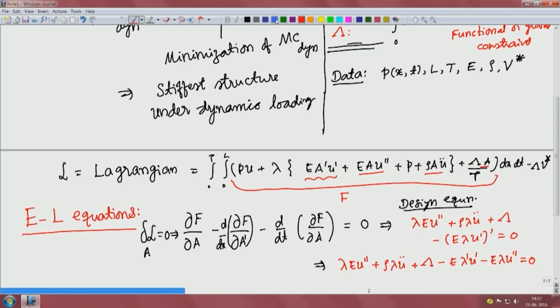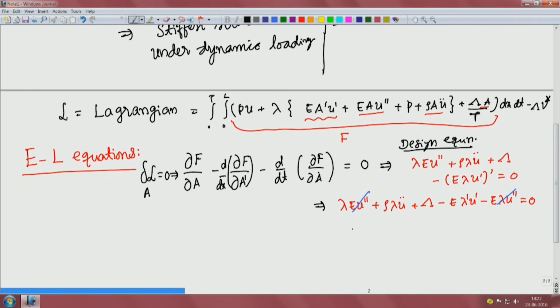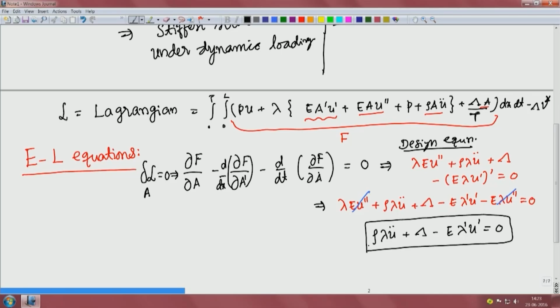Now, this term and this term cancel. So, what we get is rho lambda u double dot plus capital lambda minus E lambda prime u prime equal to 0. That turns out to be our design equation.